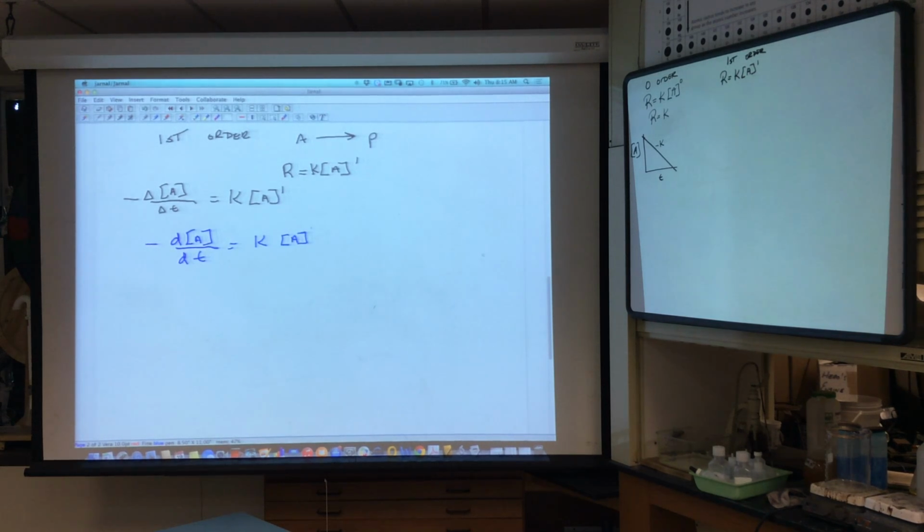This is already different because before the other one just canceled out, but this one does not. Okay, rearrange. So we get d of A equals negative k, the negative on the side, dt. Just put dt on the other side. Of what?